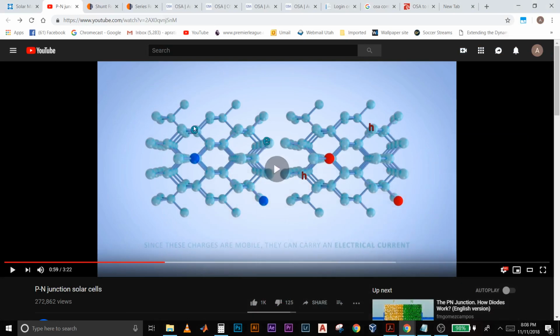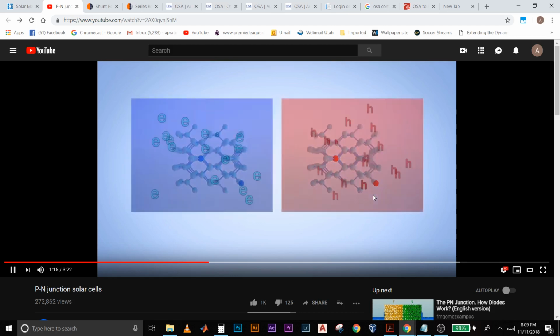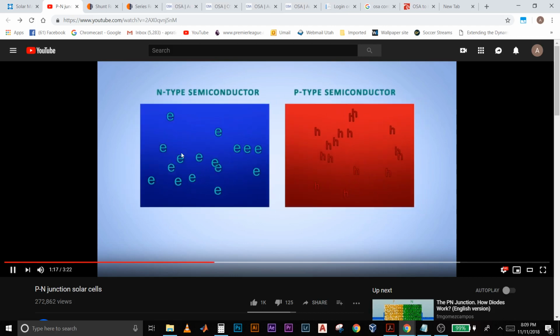Just like an electron is allowed to freely move about the lattice, a hole can also be thought of as freely moving about the lattice. And this doping concentration has to be very low. It needs to be only 1 in millions with respect to the concentration of the silicon atoms. So these two types of doping give rise to two types of semiconductors.